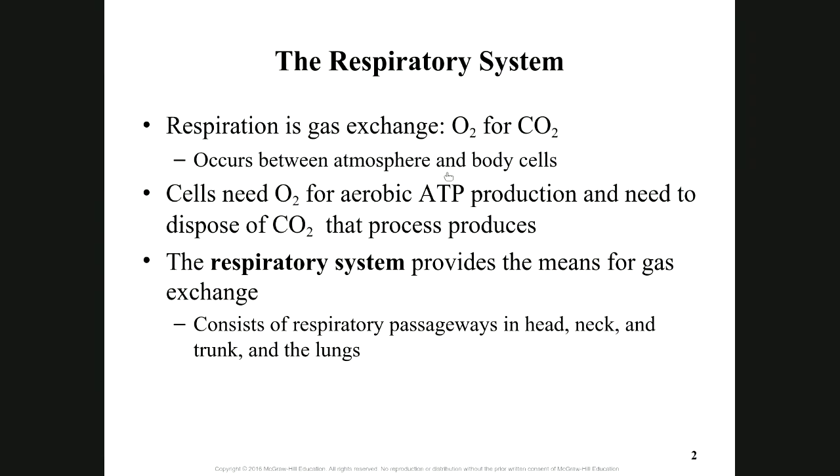Our cells need oxygen for aerobic ATP production, and they need to dispose of their carbon dioxide. The respiratory system provides the means of gas exchange. In the respiratory system, we have the respiratory passageway in the head, neck, trunk, and lungs, and I want to introduce these different organs to you.